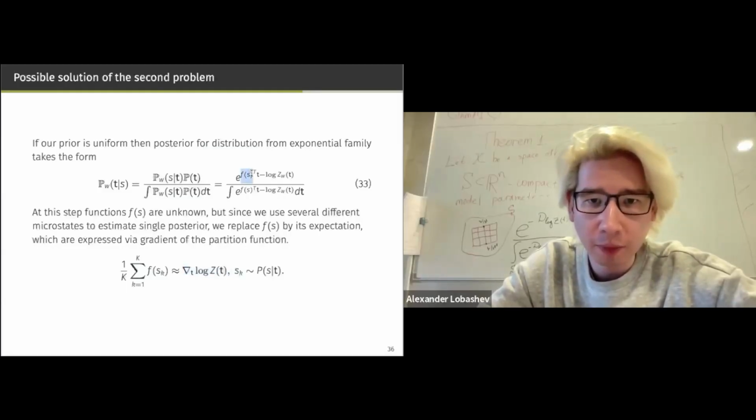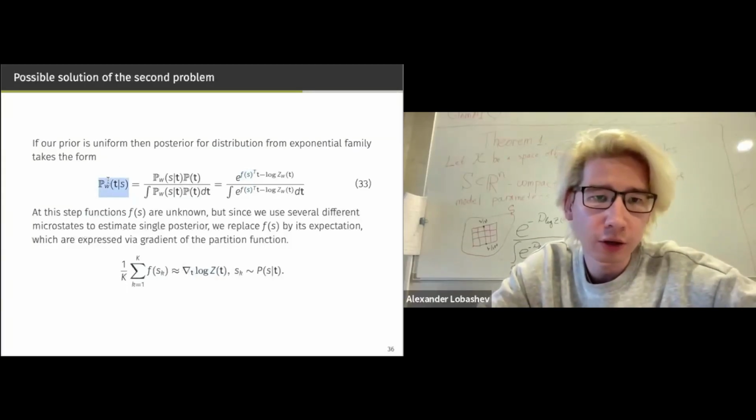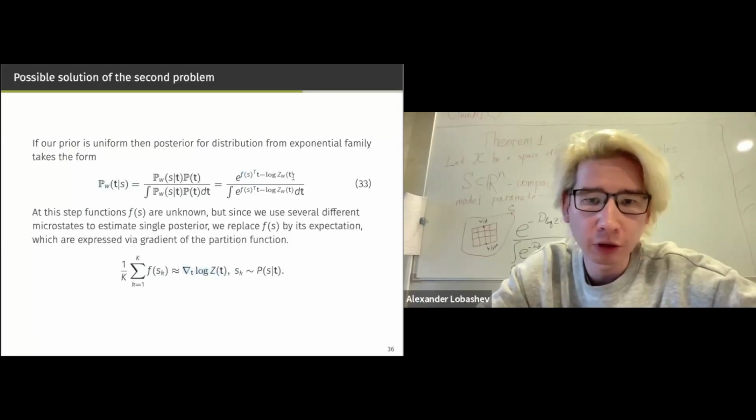The important part here is that if we know these posterior distributions, and if we approximate the average value of this function f with just the gradient of log z, then everything here just depends on our partition function.